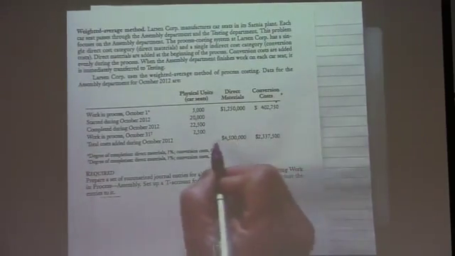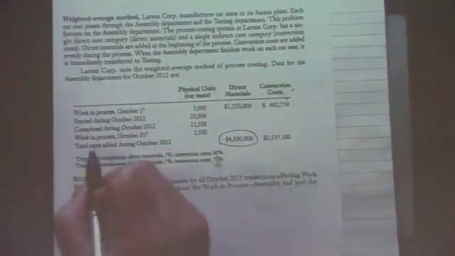So the first one is we're going to journalize the cost, the direct material. We're told that this is the direct materials that were added, so that would have been the actuals.